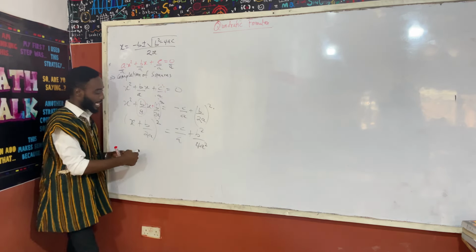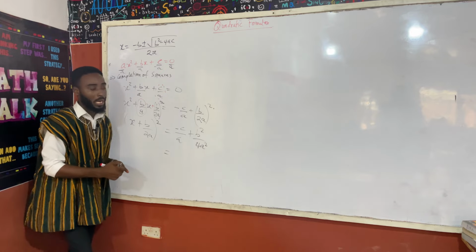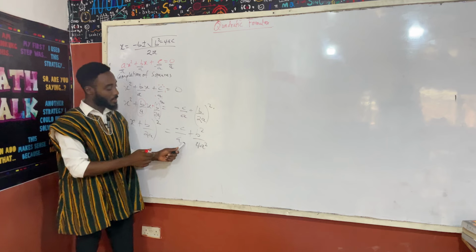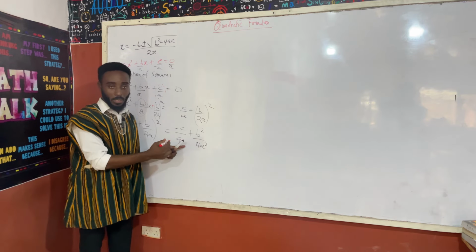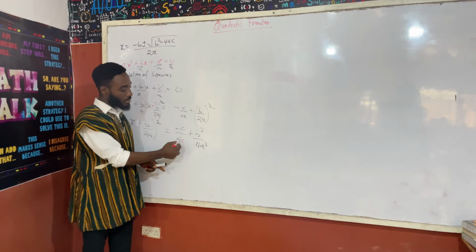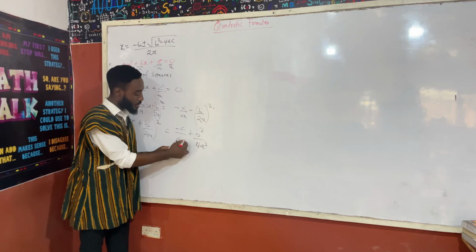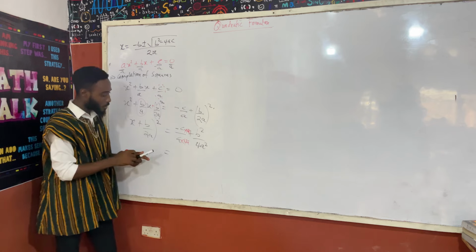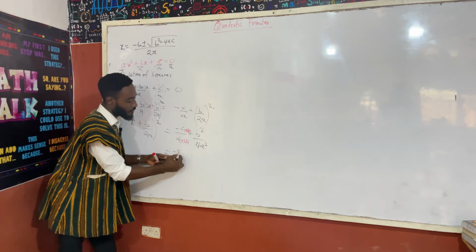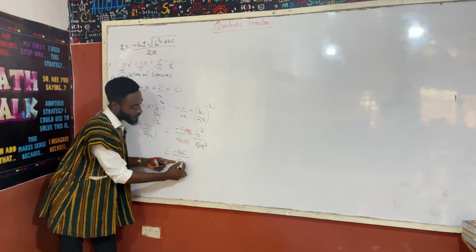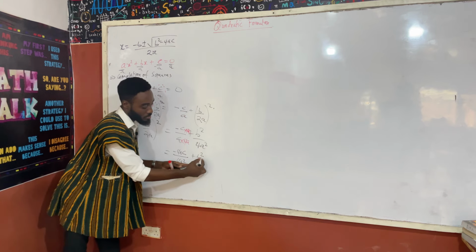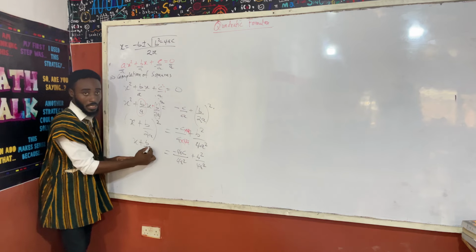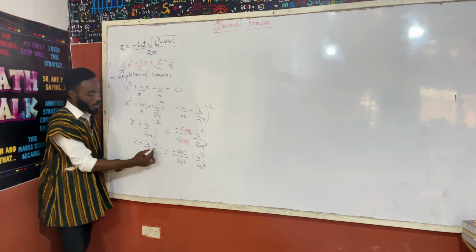When I look at this side, how do I make these two like fractions so that I can add them easily? I'll multiply this one by 4a. At the end of the day, I'm going to have minus 4ac all over 4a squared plus b squared over 4a squared, equal to x plus b over 2a all squared.